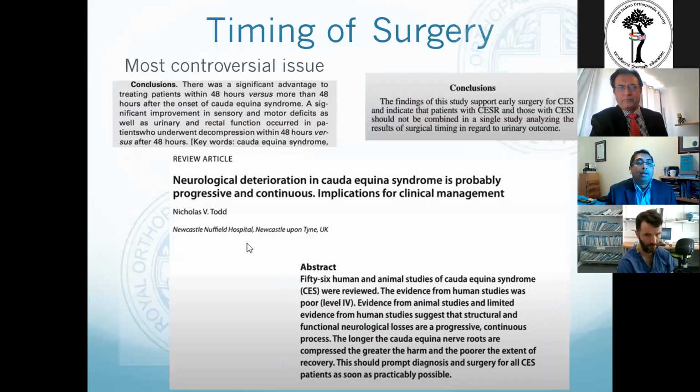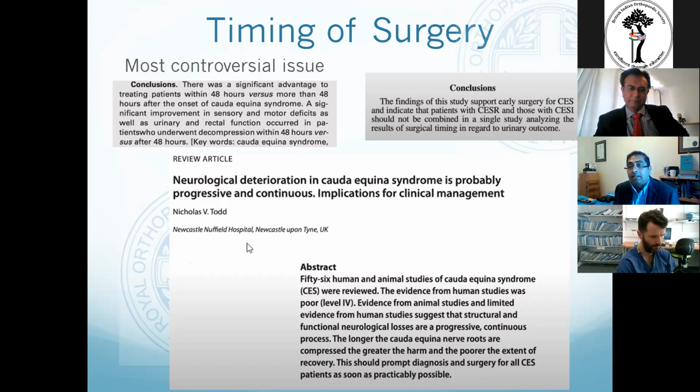Now, several meta-analyses have been published regarding the timing of surgery. Kostuik, about 20 years ago, published the first meta-analysis that showed that they should be operated within the first 48 hours, and the outcome is better. If the patient is operated after 48 hours, the outcome is not good. But the finding of this paper was later challenged.